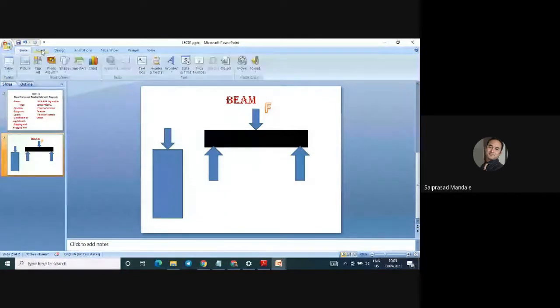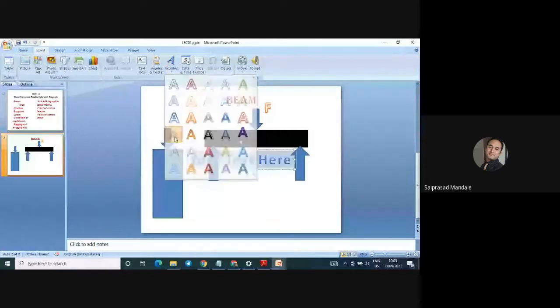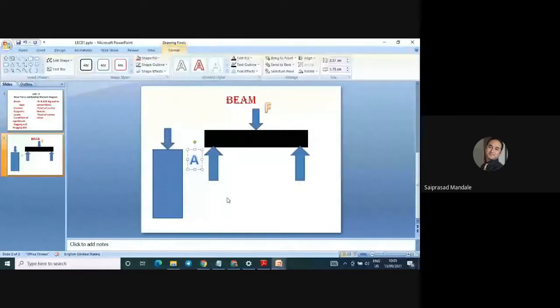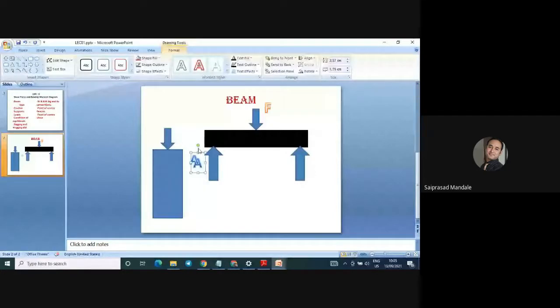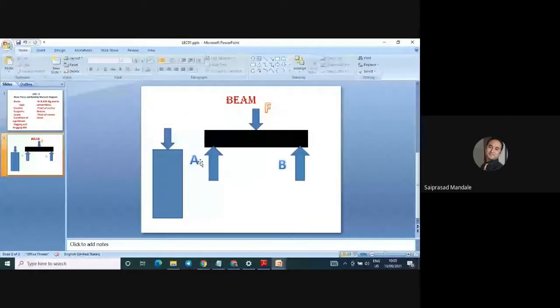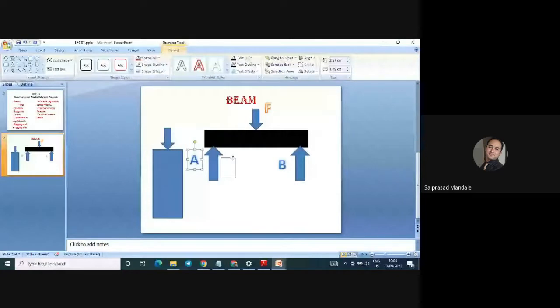I'm going to give support as A, and support as B. These are the two different supports that I have given.